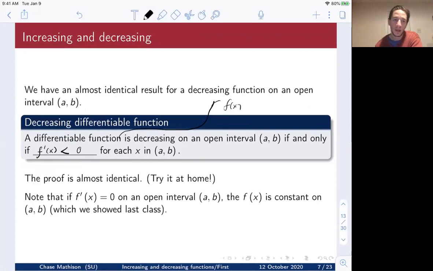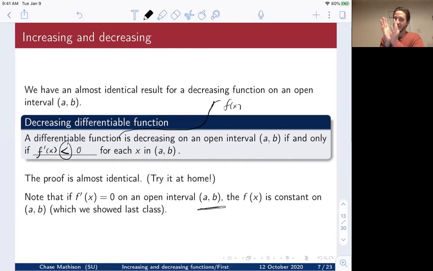Okay. So lastly, with increasing and decreasing, we looked at these strict inequalities, and if f prime of x is equal to 0 on an interval a to b, then we showed last time that that means f is constant on the interval a to b. Okay, if f prime of x is equal to 0 for one point x, then that is a critical number.